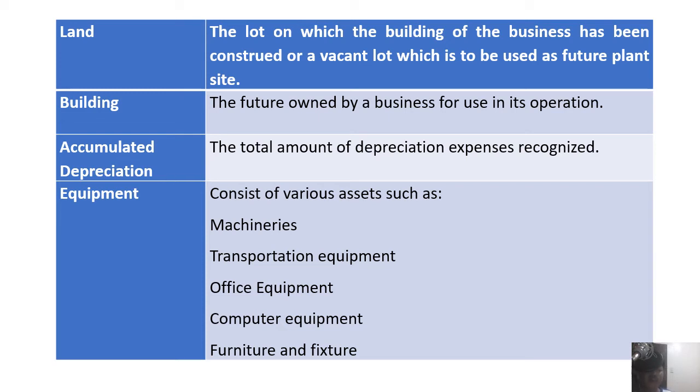For example, yung building, pag ginagamit na yung building, tapos napaglilipasan na siya ng panahon, so of course, nababawasan na yung value niya. Yun yung concept ng depreciation expense. However, itong accumulated depreciation, yung depreciation expense na nire-recognize doon ay iniipon niya. Kaya nga accumulated. Naiipon yung depreciation. So, ina-add mo lang siya. Ina-accumulate.